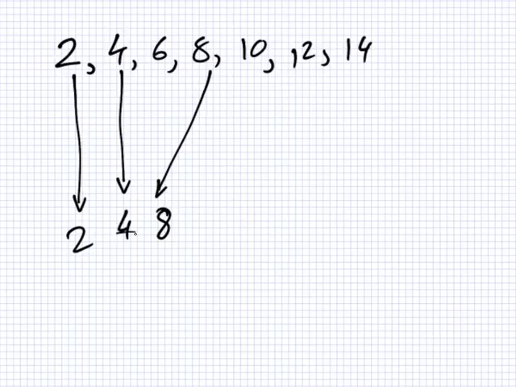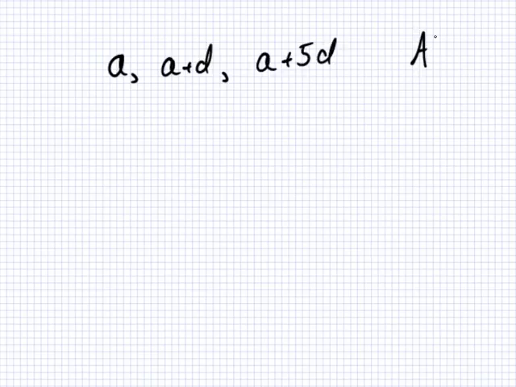That's what I mean here. You have an arithmetic sequence, but the first, the second, and the sixth terms are geometric. So if you pull out the first, the second, and the sixth, what you have will be geometric. So you have the first, the second, and the sixth term of an arithmetic that is also a geometric.